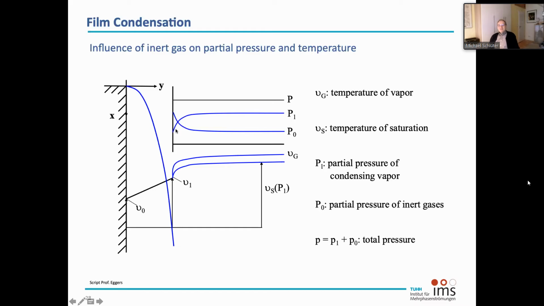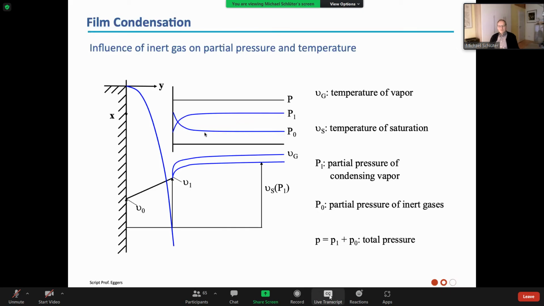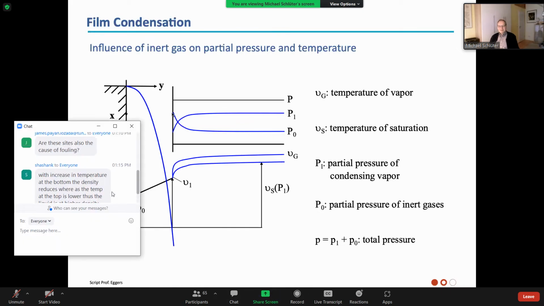But what does it mean? This means if you have another gas in the system, like nitrogen, then the nitrogen will also flow to the left-hand side, to the condensing plate. If the partial pressure of the steam decreases, the partial pressure of nitrogen increases.